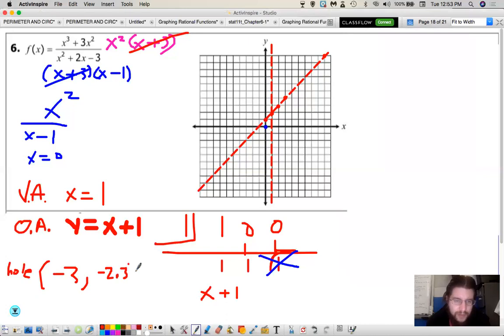The main thing is, where is it in relation to your asymptotes? So let's see. -3, 1, 2, 3, -2 and then some. So, oh, wrong size. So right at -2 and then some. There. That'll work. So that's going to be my hole.